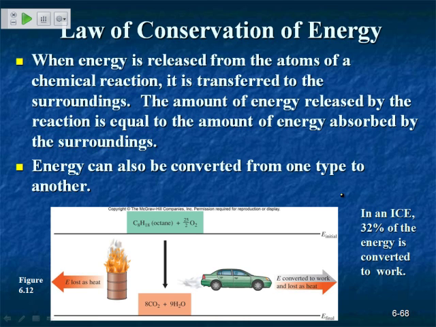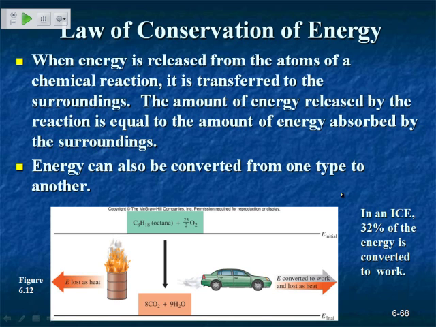What picture you are seeing here is your car's internal combustion engine, which uses octane, burns that with oxygen, and a lot of energy is released in the form of heat. Some of it is used to make your car run, which is the useful form of energy, and most of it is lost as heat.